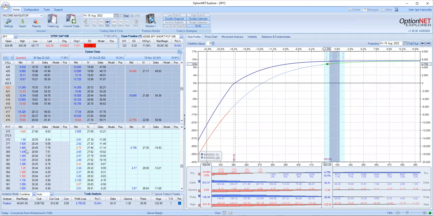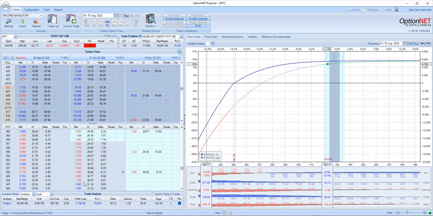Sorry, $1.30 will take me down to about 367 on SPY with 42 DTE. If I'm looking for the same $1.30 credit with 63 DTE, I go all the way out to about 345, 346. So with more time until expiration, I get to go further out of the money. The closer we get to expiration, the closer to the money I will have to set up my short puts.